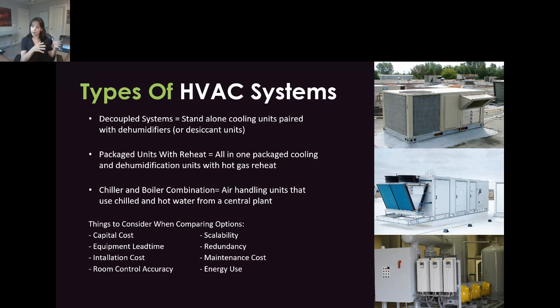So basically you have units on the roof or wherever they are placed that are just handling the sensible load, or that heat load in the space. And then you have dehumidifiers that are running in the space that are handling the dehumidification. Now, the challenge with this is you're trying to balance both pieces of equipment, and it is not the most energy efficient. Upside, it's a lot faster application, but it isn't a true engineered system.